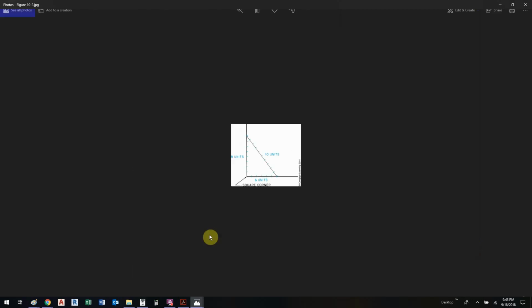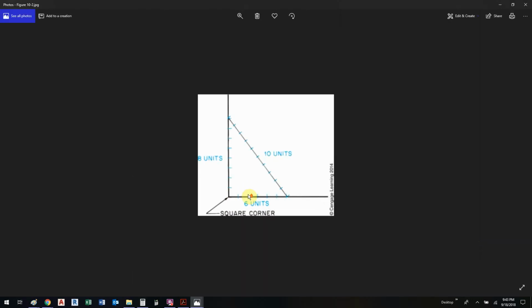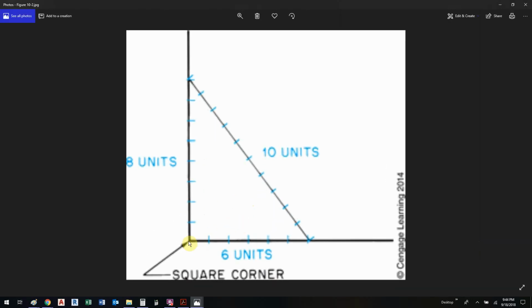Meaning that if we measure out from this corner, in this particular case, 6 units, we measure up 8 units, the measurement between those two marks is going to be 10. So we use 3-4-5.